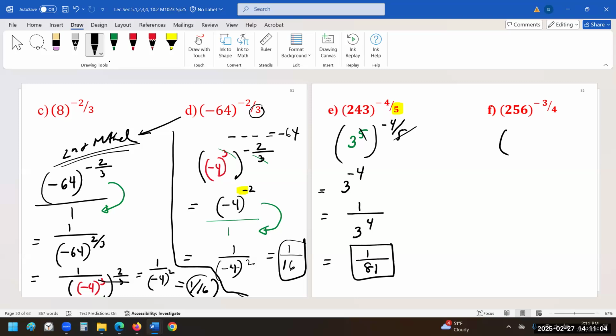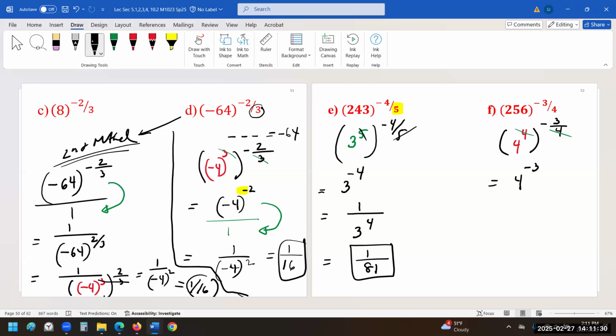So here we have 256. It's an even number and we're looking for the same number 4 times. So you do 2, it's 16. Then you do 4, yeah, 4 works. If you multiply 4 times, it will become 256. So they cancel out. We have 4 to the negative 3.